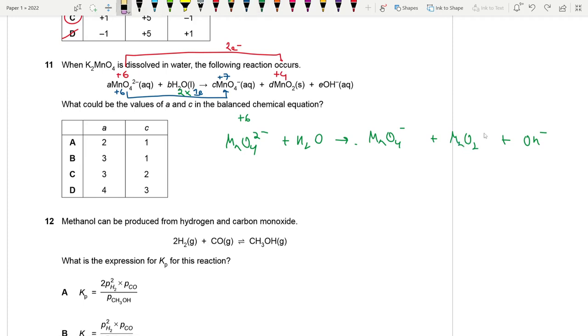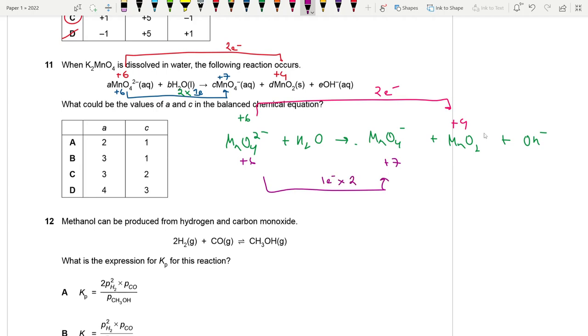This was +6 and this was +4. So reduction took place, 2 electrons, and here +6 to +7 oxidation took place, 1 electron. So we just multiply this by 2. So there should be a 2 here and there should be a 1 here, then it should be balanced. And in total, manganese amounts to 2 plus 1 is equal to 3. Okay, now we can easily balance it.